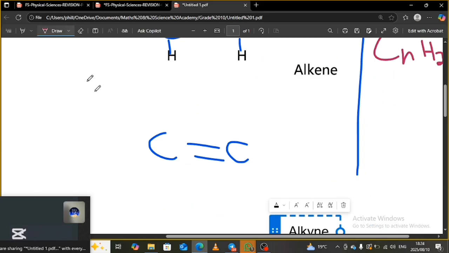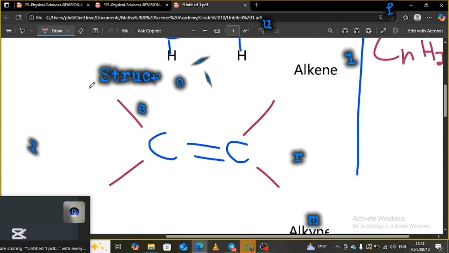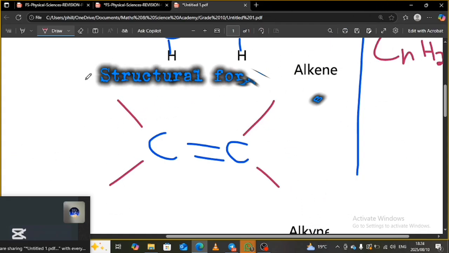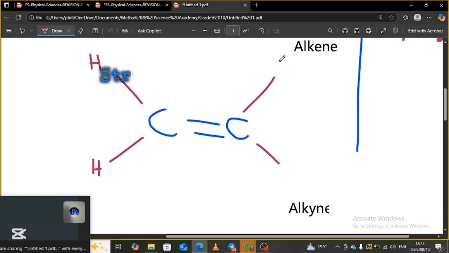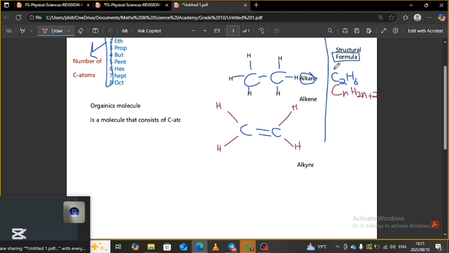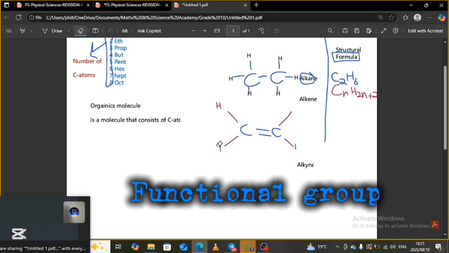Now, let us take a look at alkenes. A structural formula of an alkene is represented by this structure, shown with the H's surrounding each carbon atom. Don't confuse yourself: structural formulas have H's surrounding the carbon atoms, whereas functional groups don't.